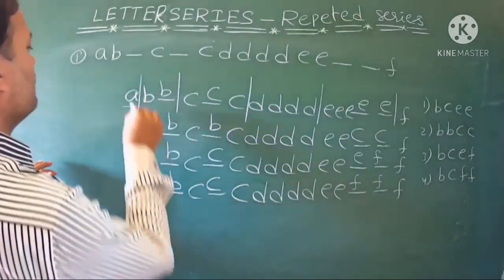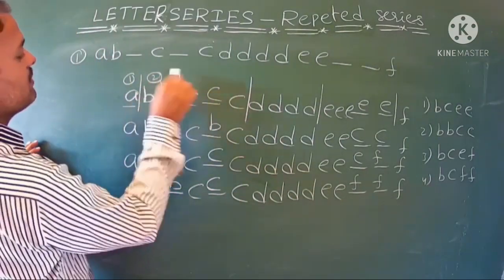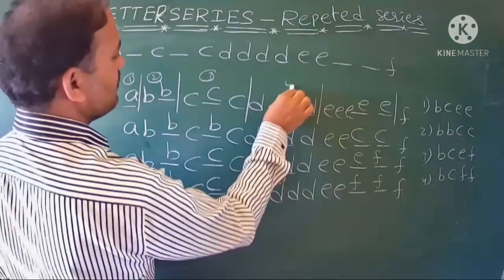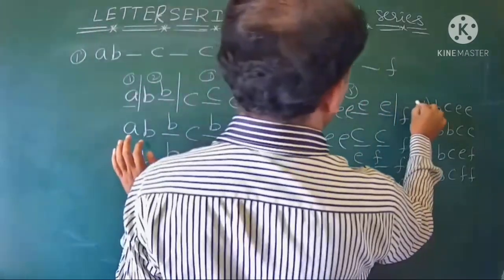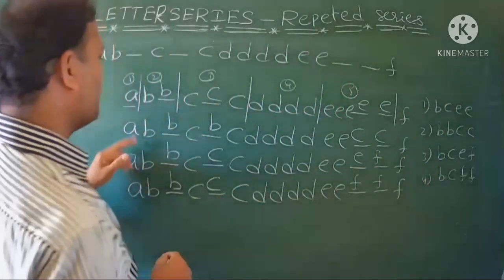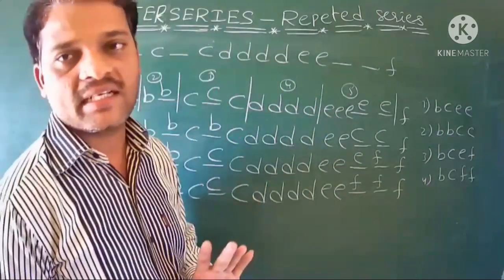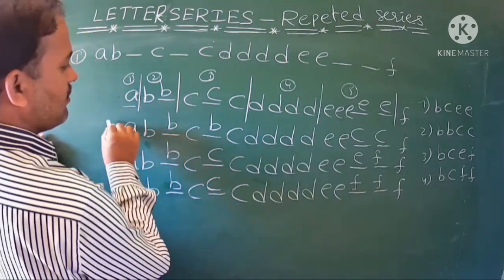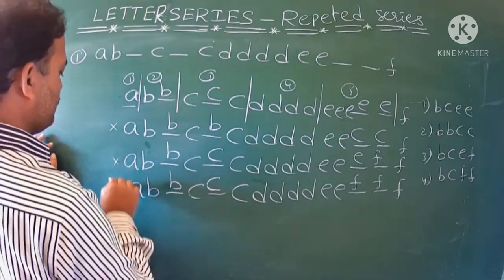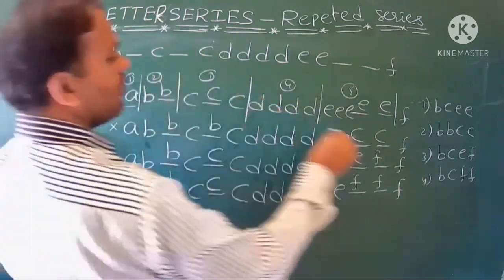Here A is repeated one time, B two times, C three times, D four times, E five times, and so on, F will be coming. So this has one particular relation. Similarly, if you observe the remaining options, it is not possible for us. So that's why option 1 is the answer.